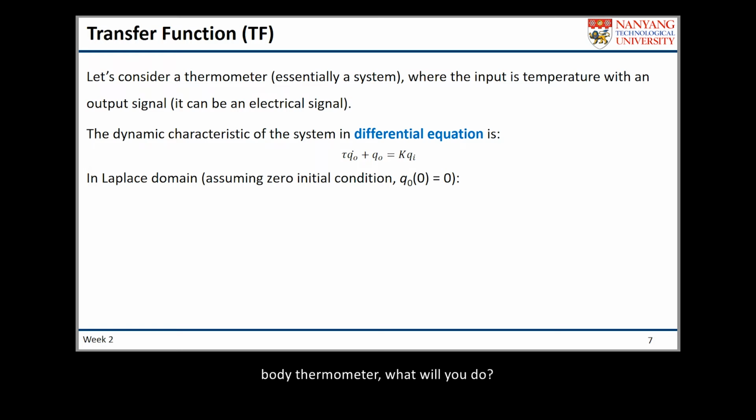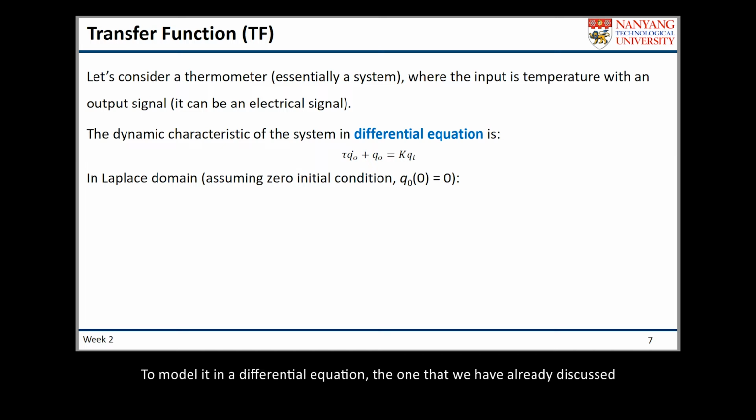You are giving an input, the temperature of your body, to that thermometer, right? And the output, taking a mercury type thermometer for example, will be the level of the mercury in your thermometer. So the input is your body temperature, and the output is the mercury level on your thermometer.